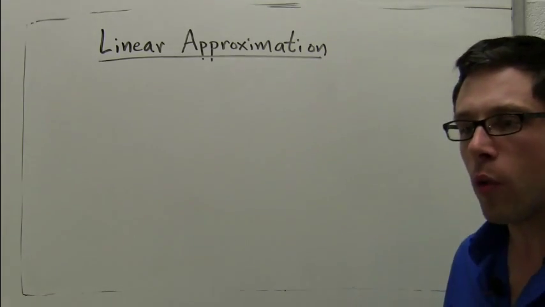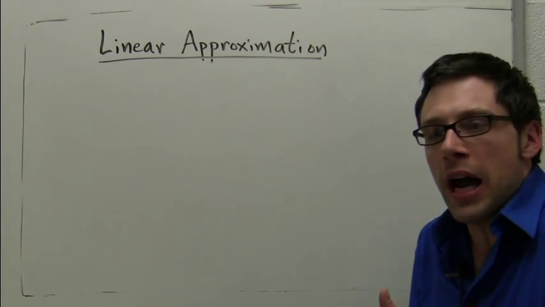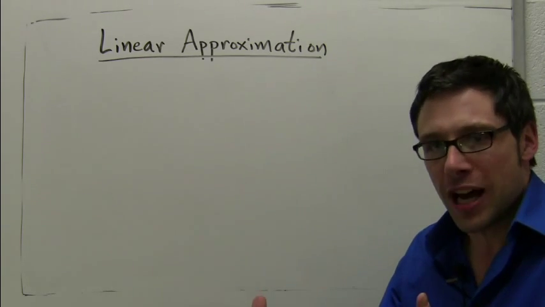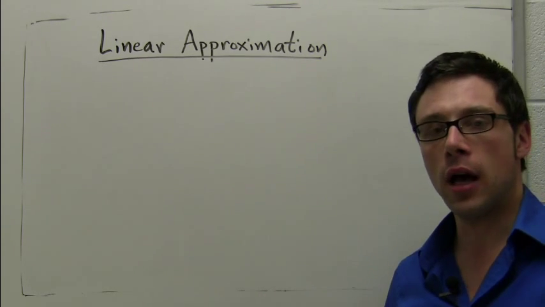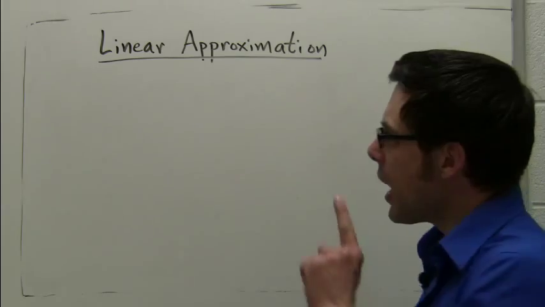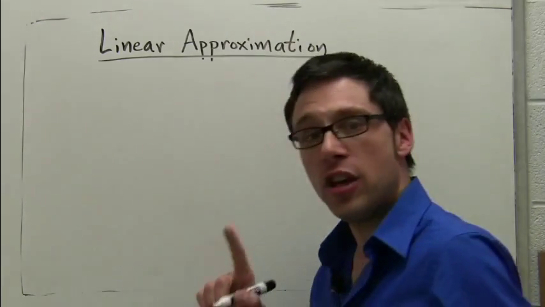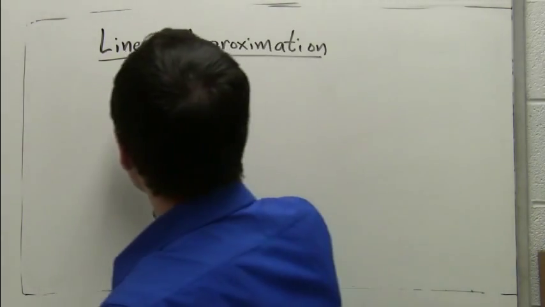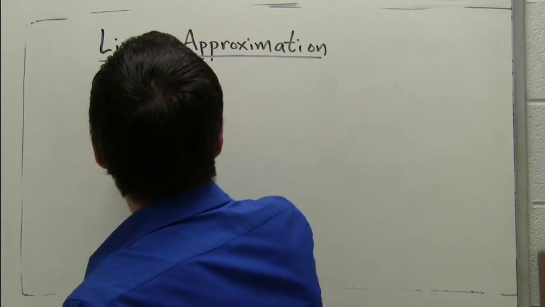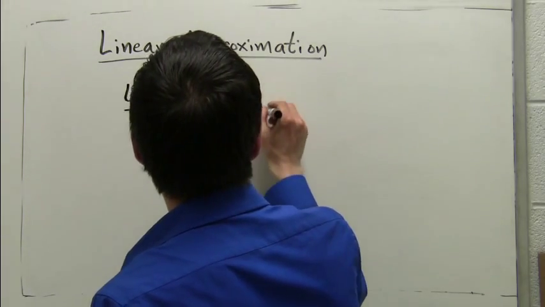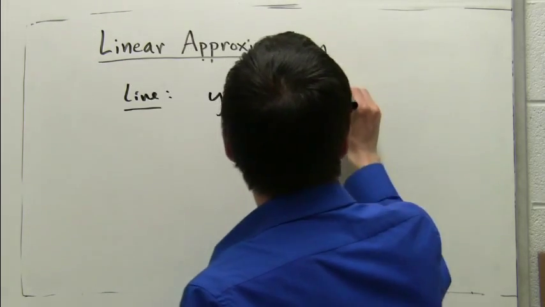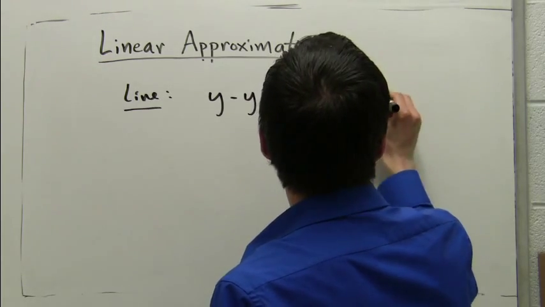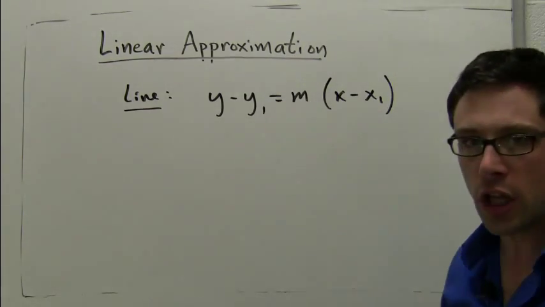Remember, we're approximating any function by the equation of its tangent line at one particular x value, right? And the equation of the line we're looking for is just y minus y1 is equal to m times x minus x1. This is just the general equation of a line.